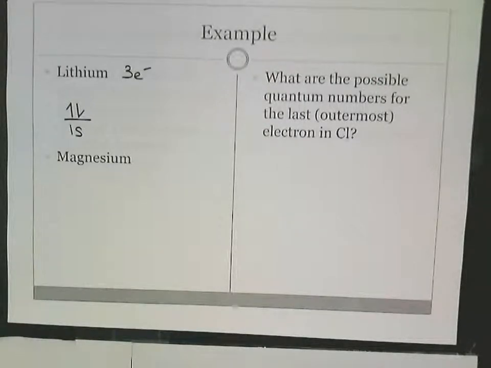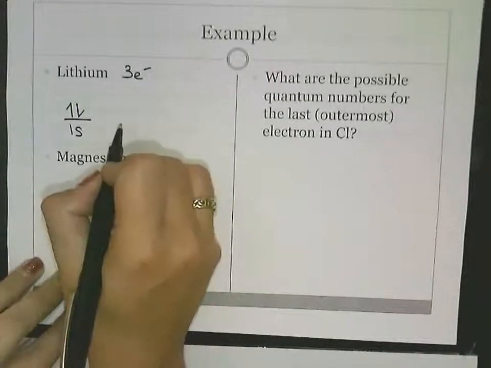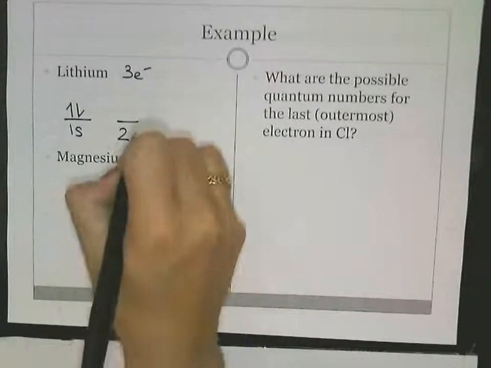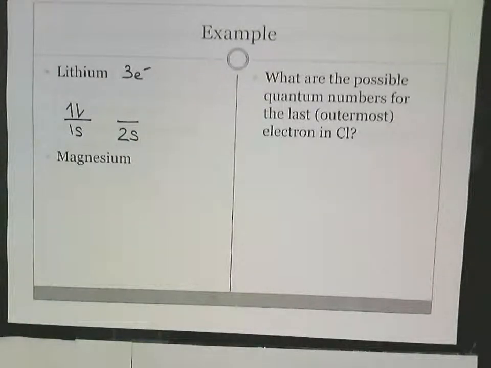It only has 2 electrons. But I got this 3rd electron out there. So what energy level must it be in? Okay, if it's in 2, jumped ahead of me, yeah. So if it's energy level 2, what's the lowest energy sublevel in 2? S. So then how many electrons do I put on that platform? Just 1.